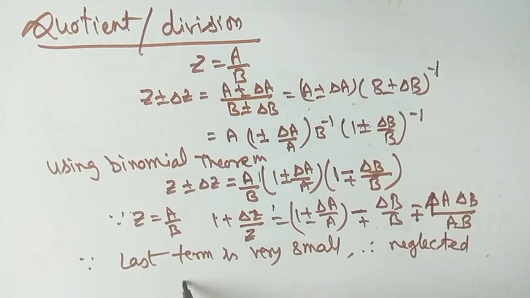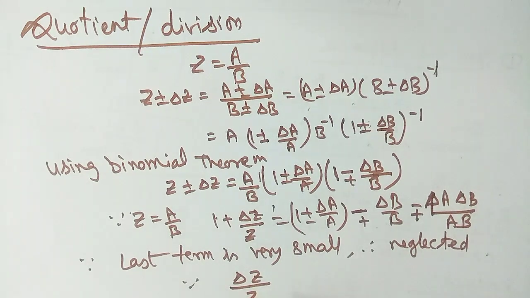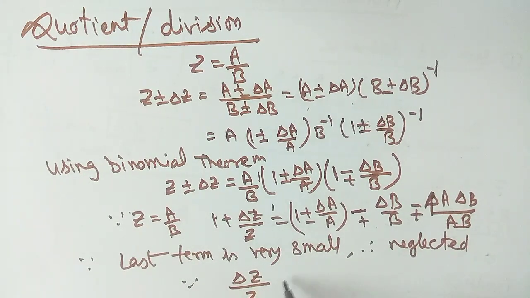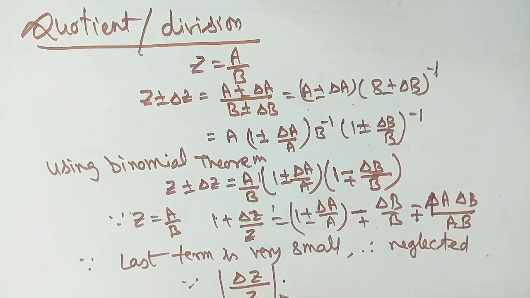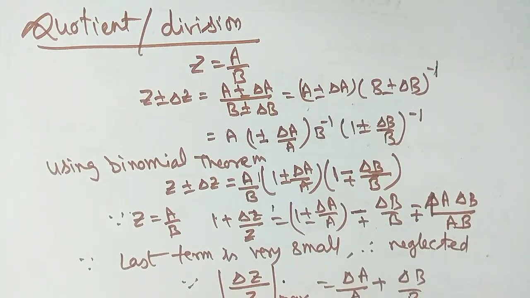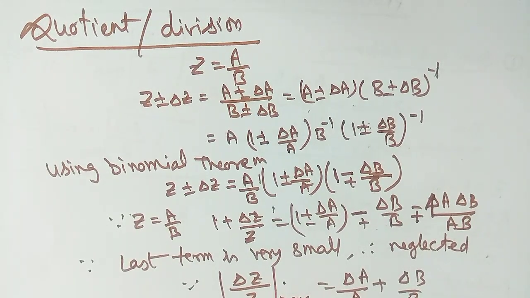So we can write therefore delta Z upon Z. See the maximum value: it is delta A upon A plus delta B upon B. Okay, this is the maximum value.